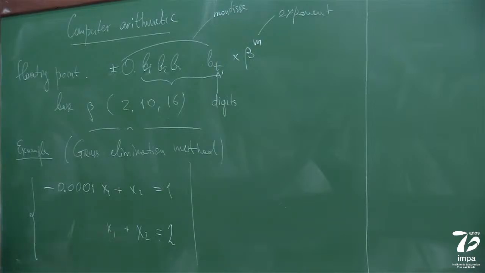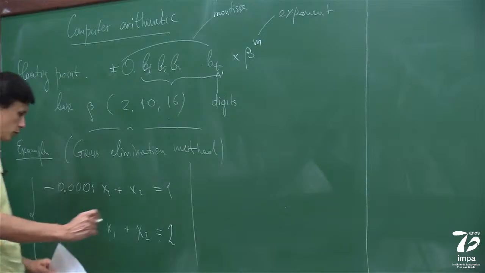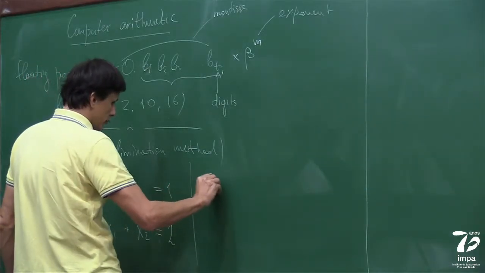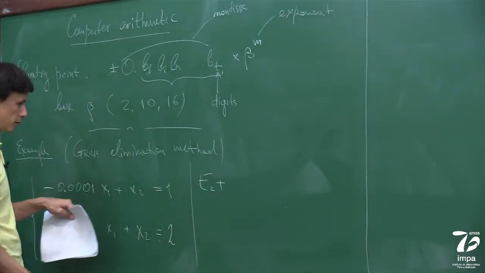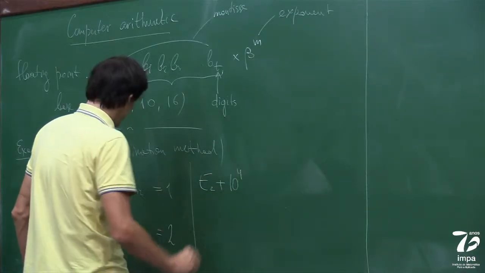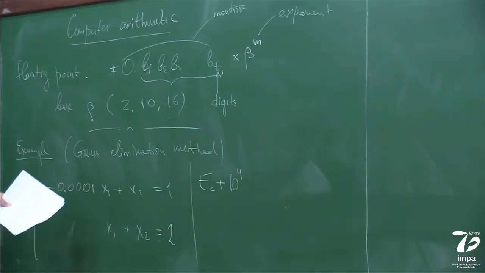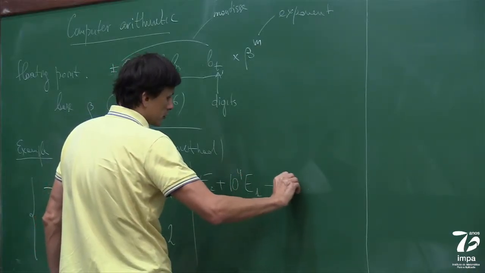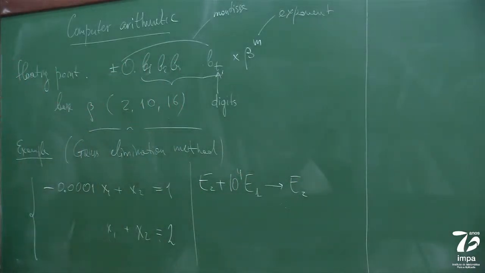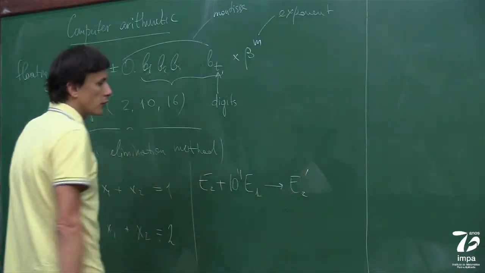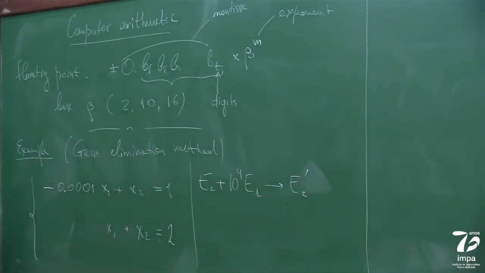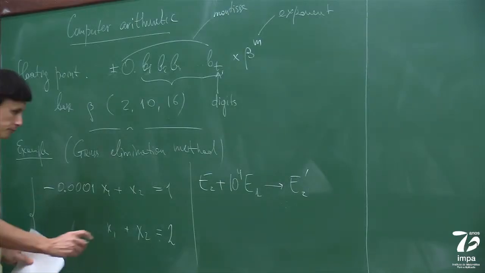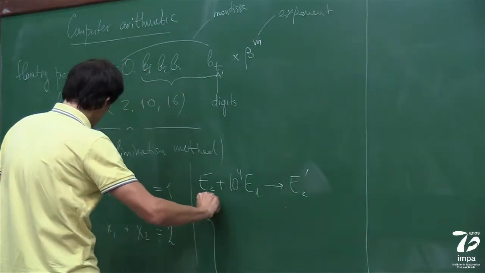So what you do is you eliminate x1. You take the second equation and add the first equation multiplied by 10,000, and put it in the place of the second equation. When you multiply it by 10,000, the first component will vanish.